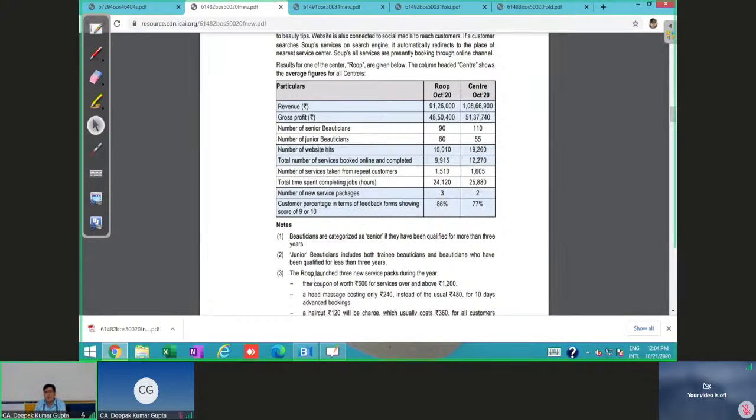Our gross profit has increased by more than 5%. But what is the reason behind this? Maybe the innovation, because during this year Roop has launched 3 service packs.